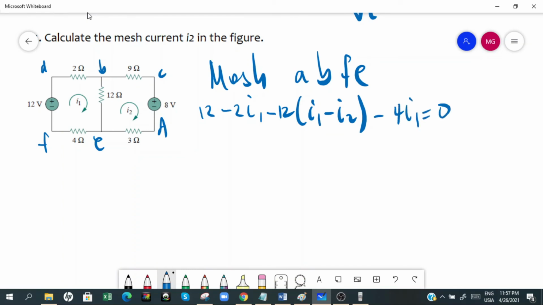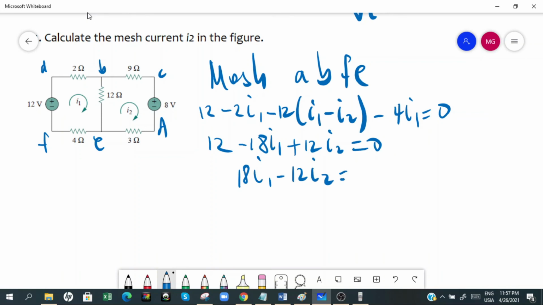So we have 12, negative 2 minus 12, that's negative 14 minus 4, so negative 18 I1. Negative 12 times negative I2, that's plus 12 I2 is equal to 0. So finally we have 18 I1 minus 12 I2 is equal to 12. This is equation number 1.